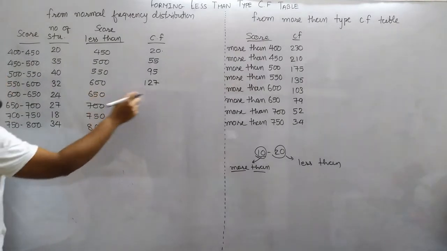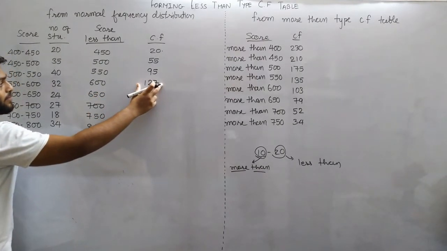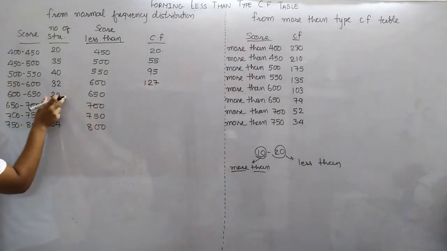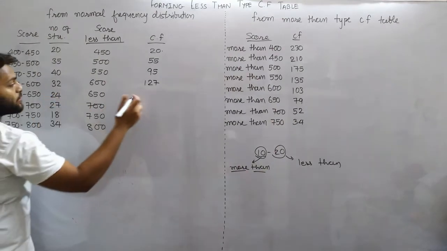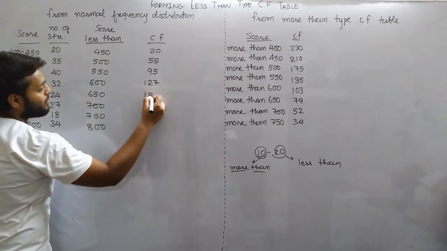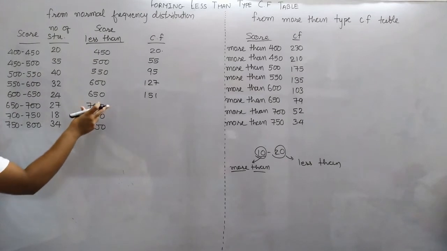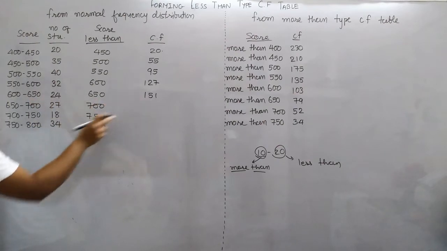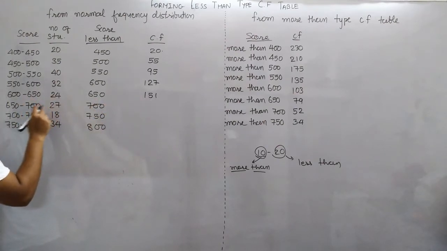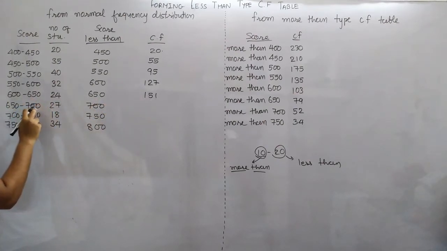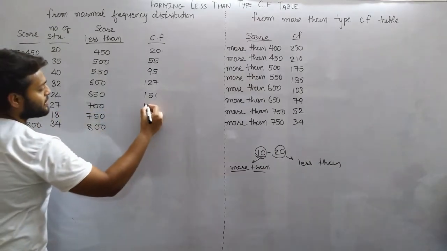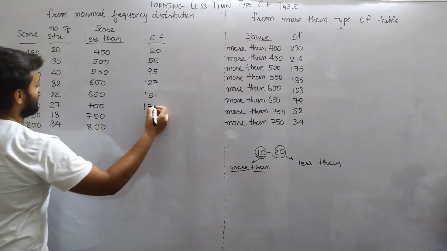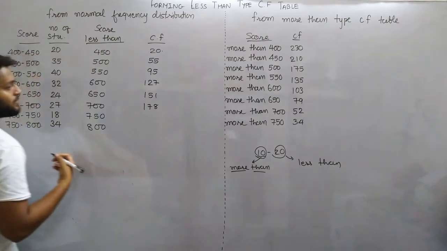Now 650, so 650 means 127, and we have to add this 24, so that will be 151. Now less than 700, so till 650, 151. Now we have to add another 27, that is the frequency of 650 to 700, so that is 178.